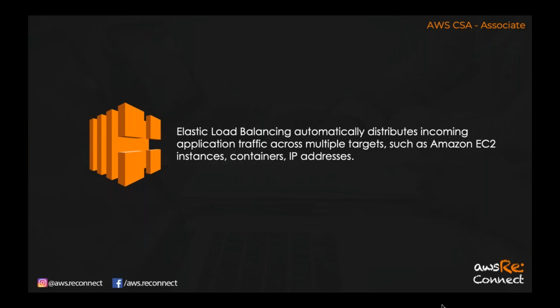Now, whenever a request comes from the internet, it should drive the traffic to all the EC2 instances, correct? This is the job done by the Elastic Load Balancer. The Elastic Load Balancer acts as the front end of your web application, a single point of contact where your users hit, and this load balancer will distribute the traffic to multiple EC2 instances behind your infrastructure.